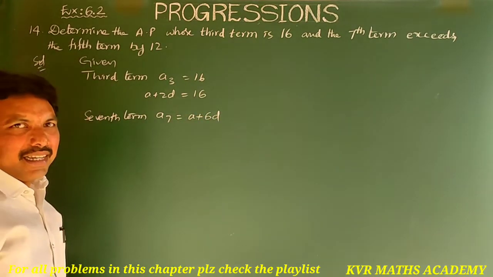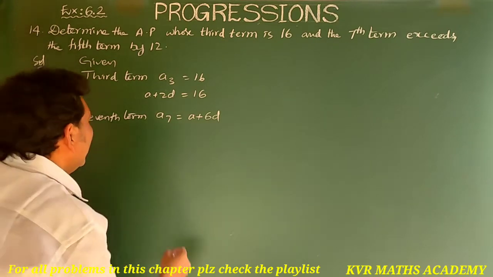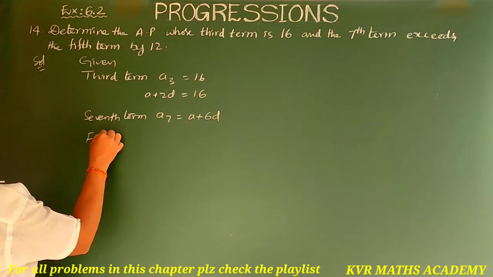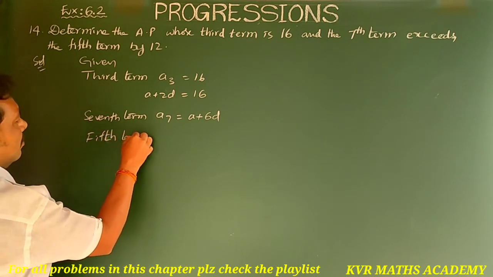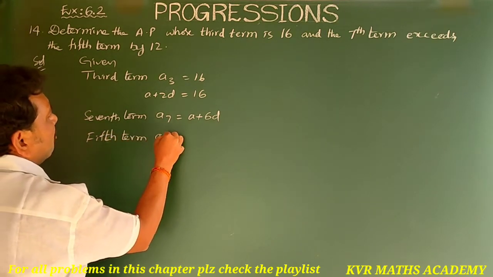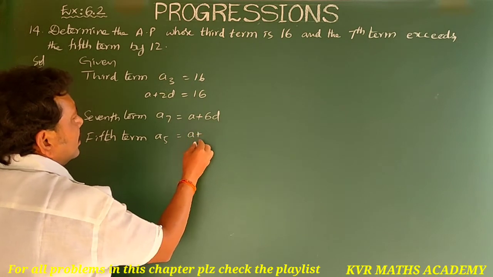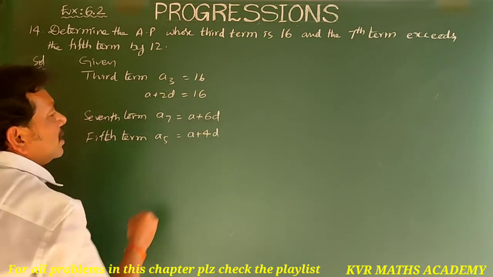Seventh term means A plus 6D, right? Next, the fifth term: a_5 is equal to A plus 4D only, right? A plus 4D.